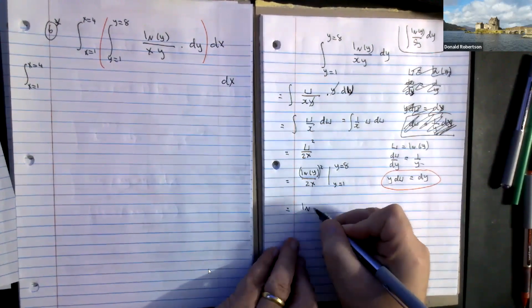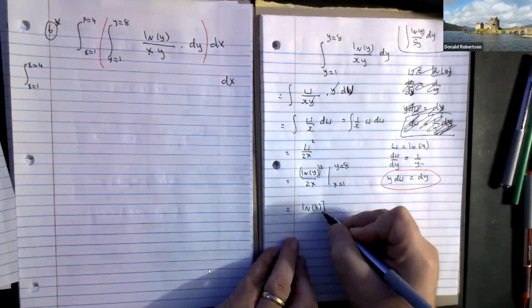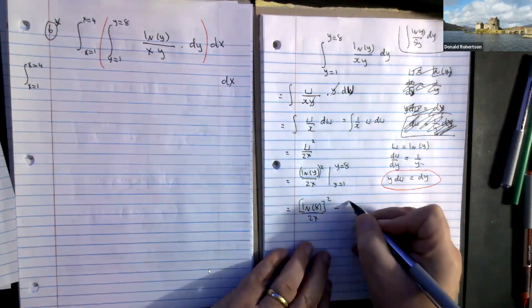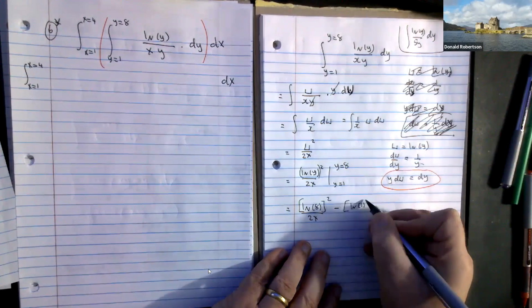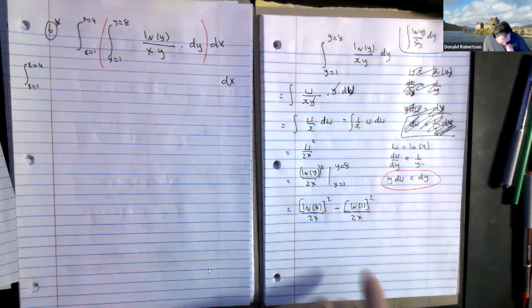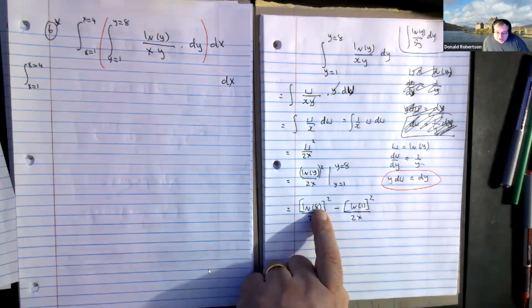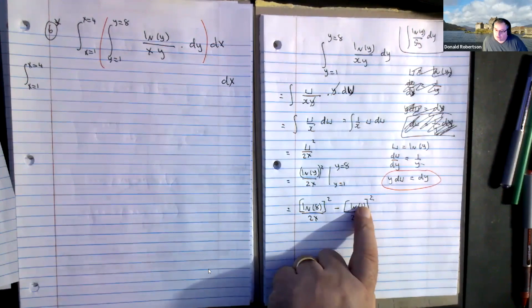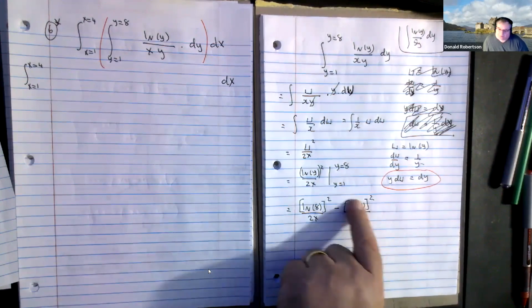So it's going to be the natural log of 8 squared over 2x, take away the natural log of 1 squared over 2x. Can't really do much with that, but I can do something with this. The natural log of 1 is 0, so that basically disappears.